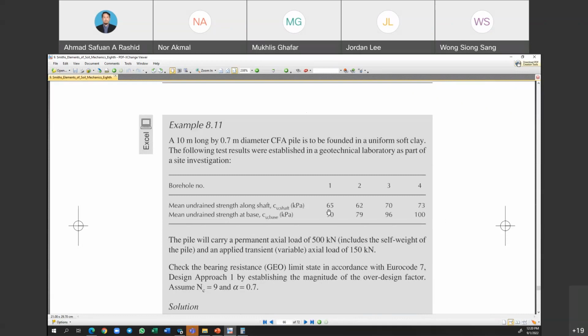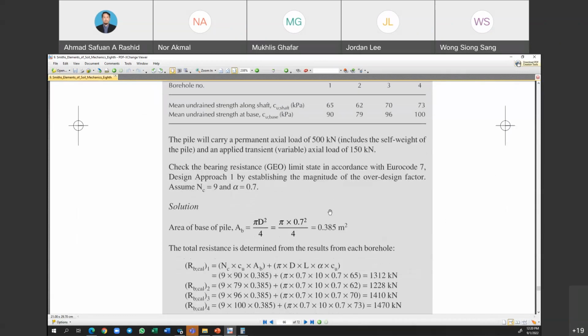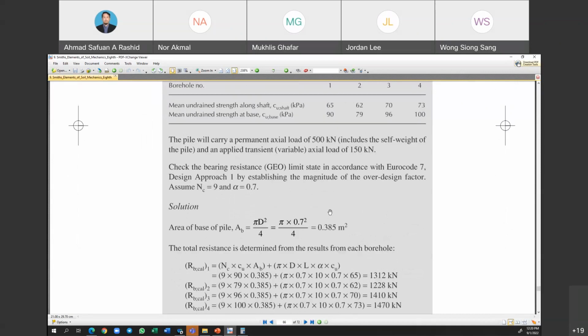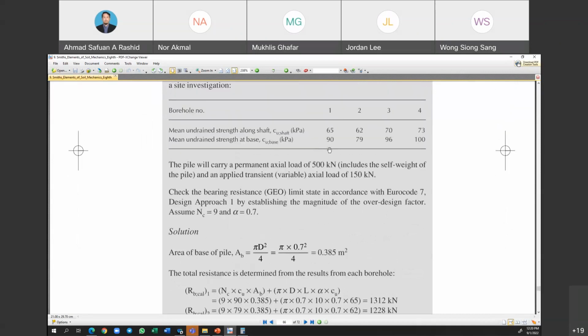This is the result for the ground test. I will skip this one because it is almost similar to the one we discussed previously.